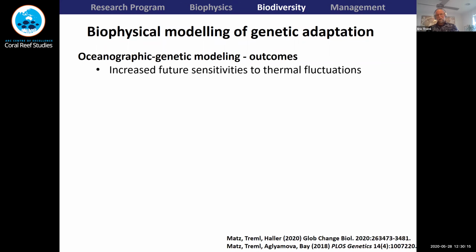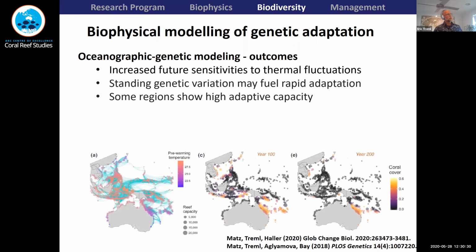Making a very long, complex story short, some of the outcomes that Misha has found is that future populations perhaps will be more sensitive to thermal fluctuations, just based on those end of simulation allele frequencies. Perhaps the standing genetic variation may be enough to fuel rapid adaptation, but again, that's context dependent. And some regions across the seascape show higher adaptive capacity than others.